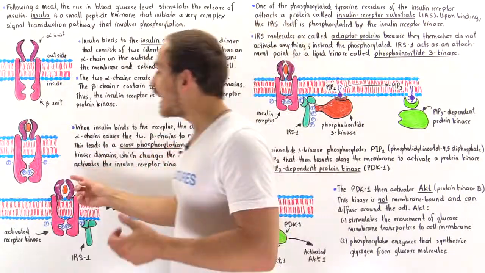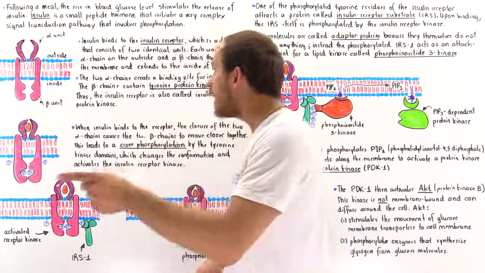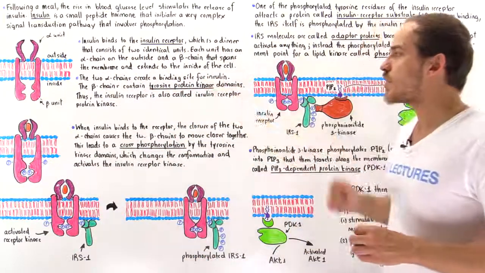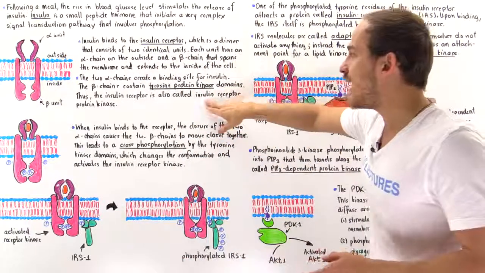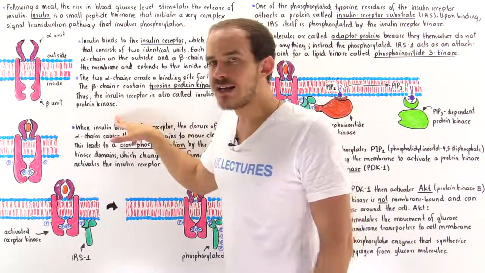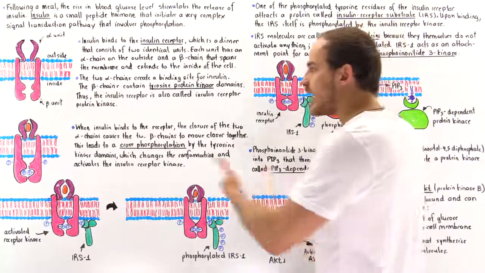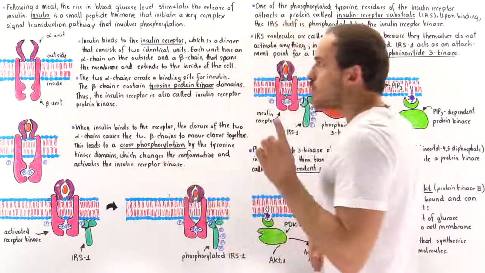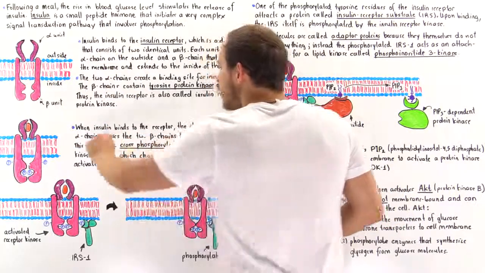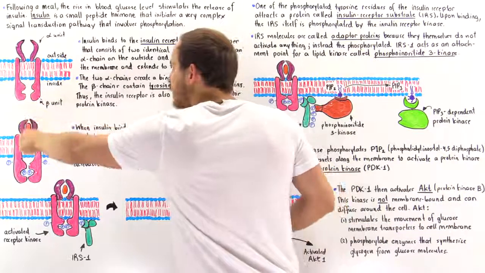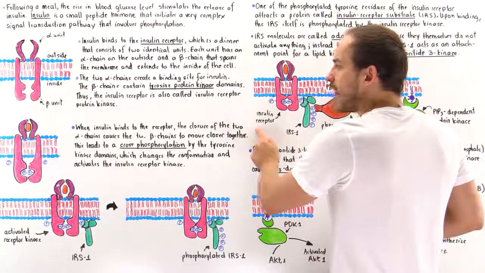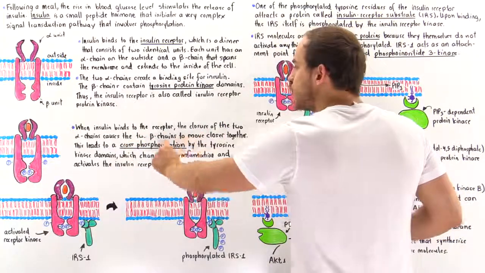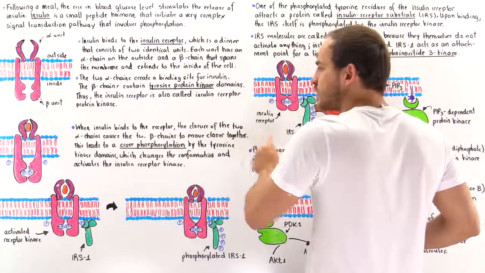Because this receptor itself contains a tyrosine protein kinase, we also call the insulin receptor a protein kinase. So, once again, when the insulin primary messenger, a peptide hormone, moves into its cavity that is created by the two alpha subunits, the closure of the two alpha chains causes the two beta chains to move closer together.